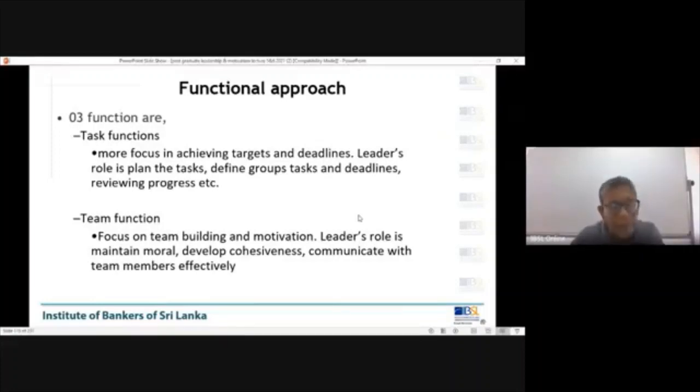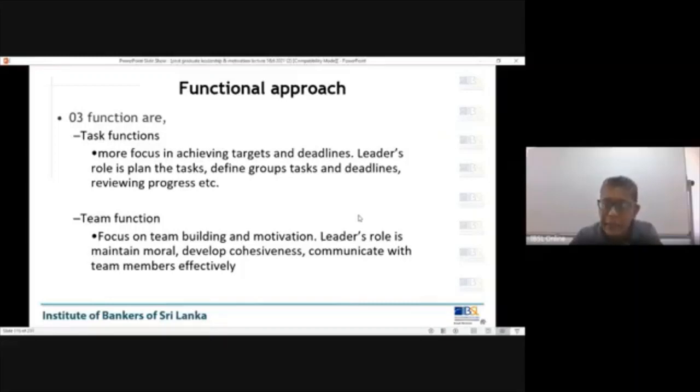The first one, we call the task function, or sometimes task need. Under task need, what the leaders look at is they focus more on achieving targets, deadlines, and their role in planning the tasks, defining group tasks and deadlines, reviewing progress, and so on.